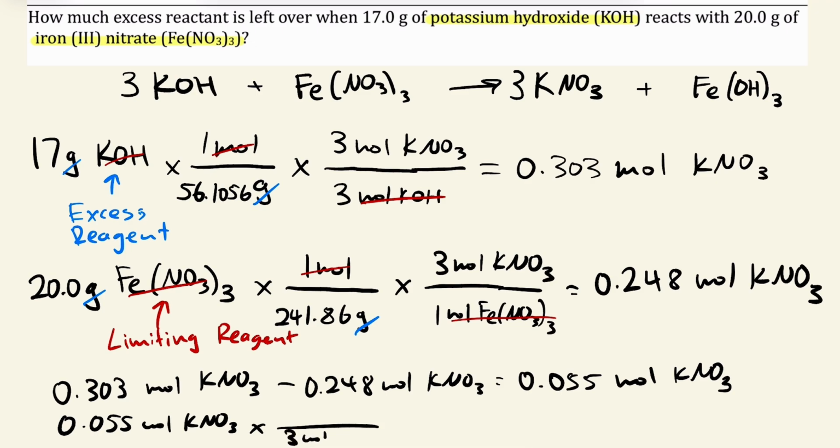So for every 3 moles of KNO3, we have 3 moles of KOH. And then we're going to multiply that by the molar mass of KOH, which is 56.1056 grams per 1 mole. Double check here again that your units cancel out.